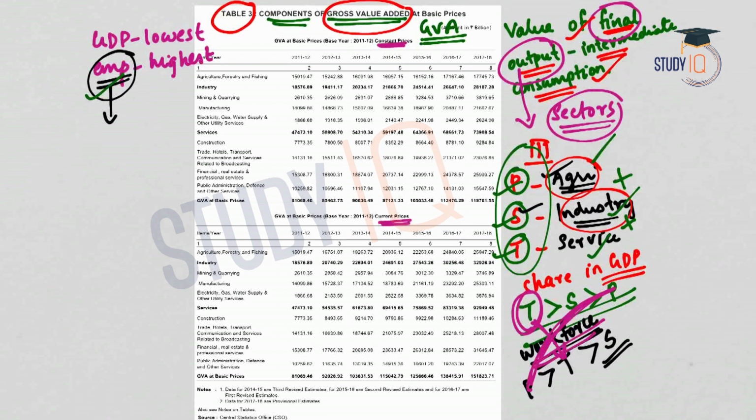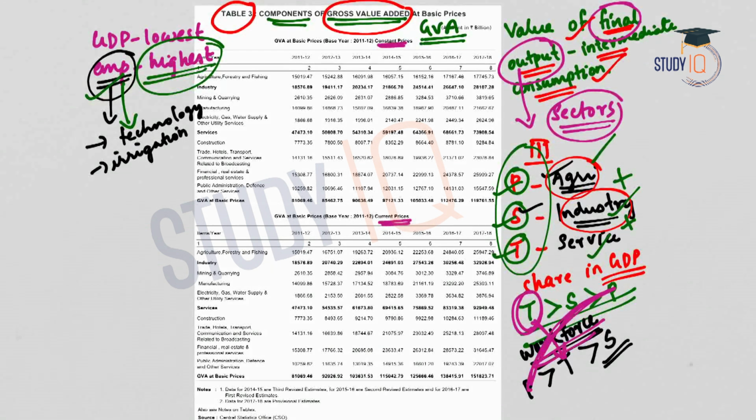But here we will see the contrast. What is the reason? The productivity level of Indian agriculture is very low. This is due to lack of technological adoption and lesser irrigation. Less than half of Indian cropland or agricultural land is irrigated, and it is more dependent on monsoon rainfall.